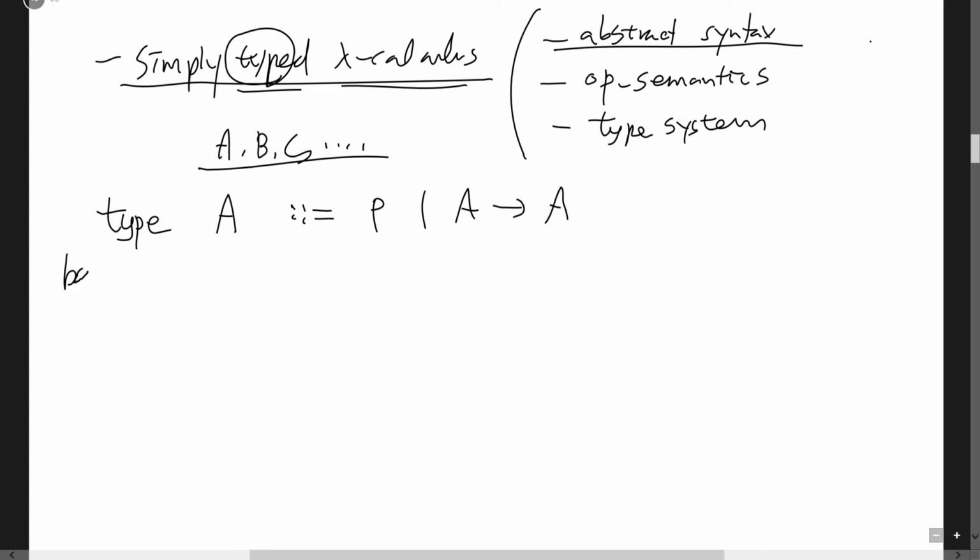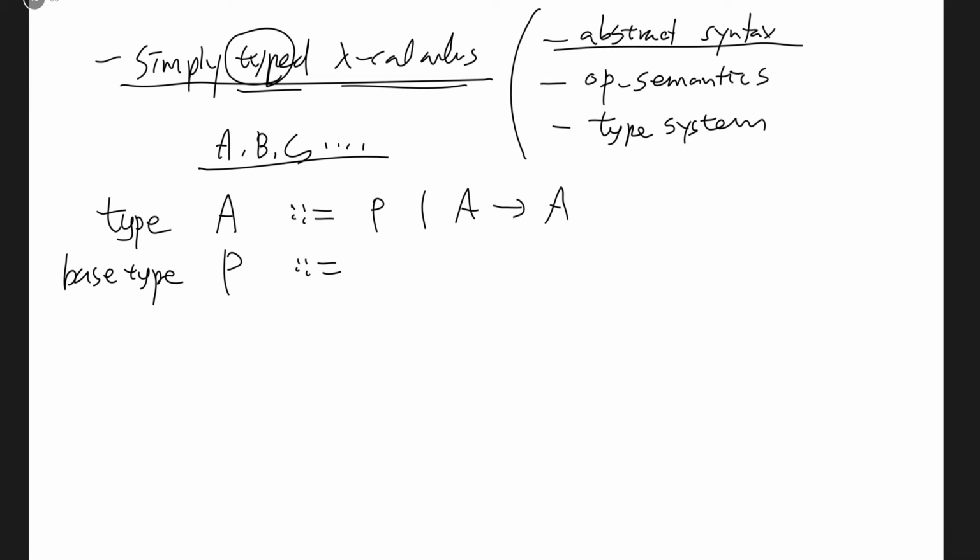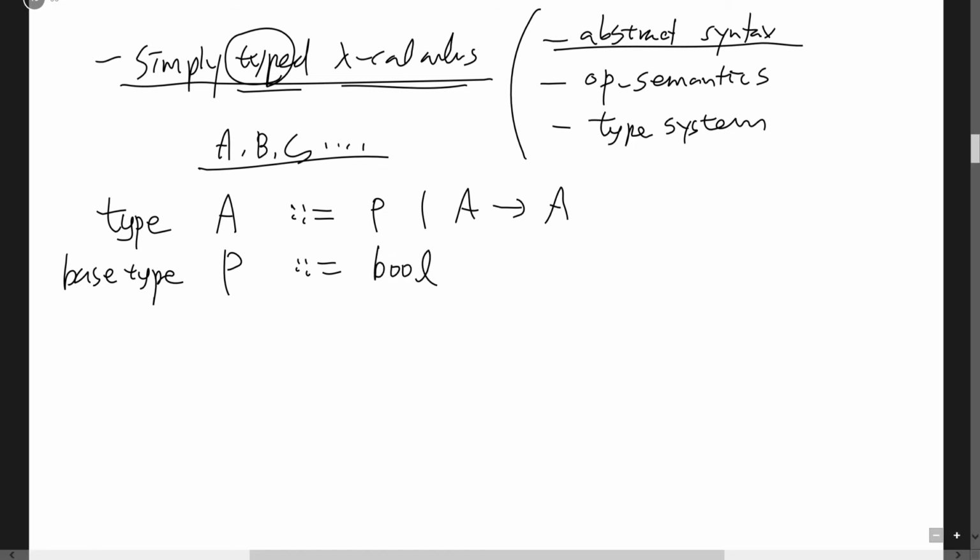So P denotes a base type. We may choose to introduce any base type that we like. For example, we could introduce the base type bool for Boolean values, or a base type like int for integers, or another base type float for floating point numbers, and so on.